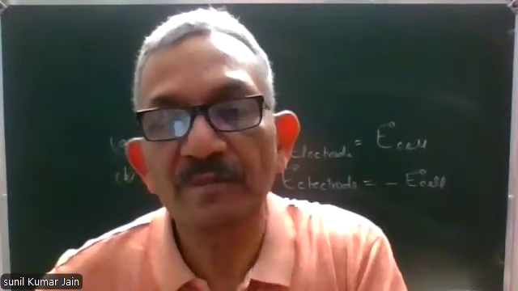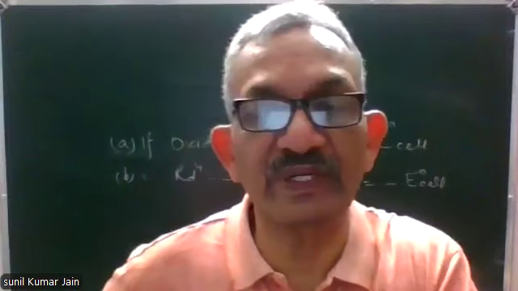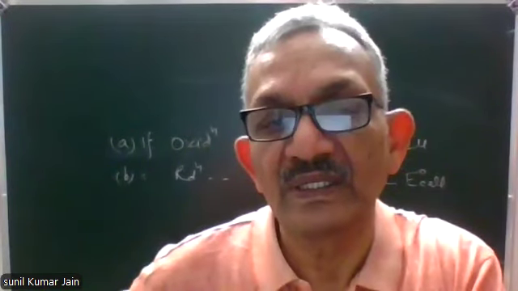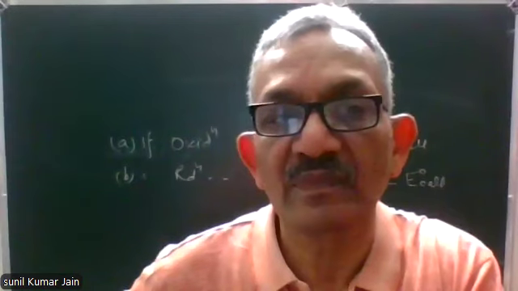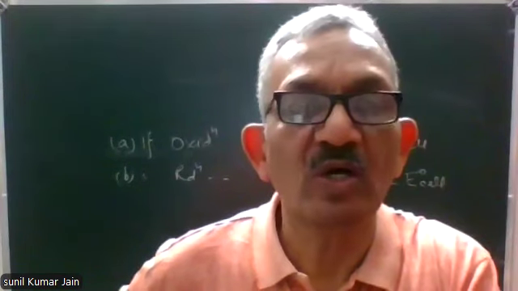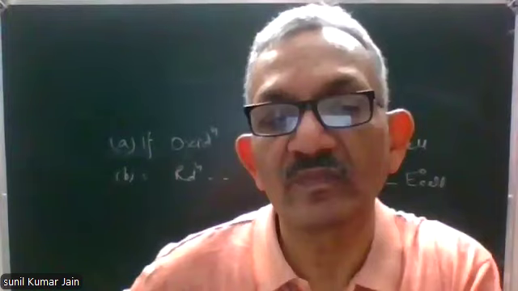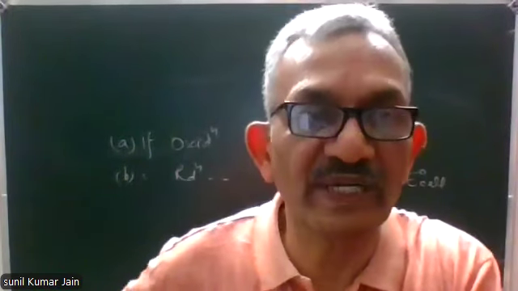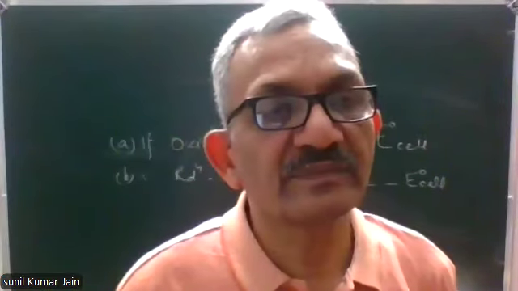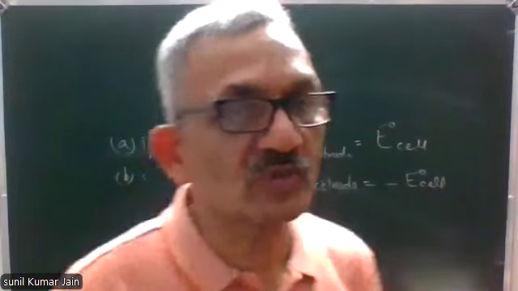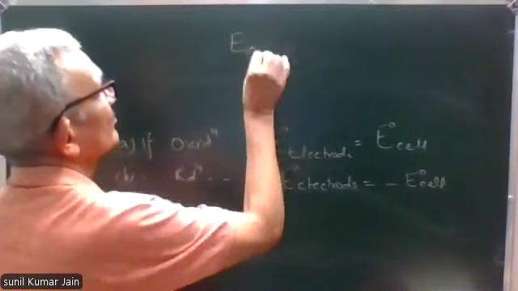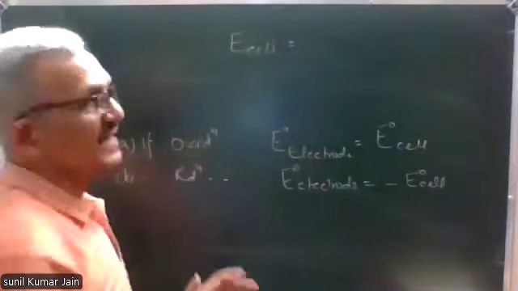Potential difference between two electrodes is called cell potential or EMF or cell voltage, which is calculated as follows. Simple formula. E cell.